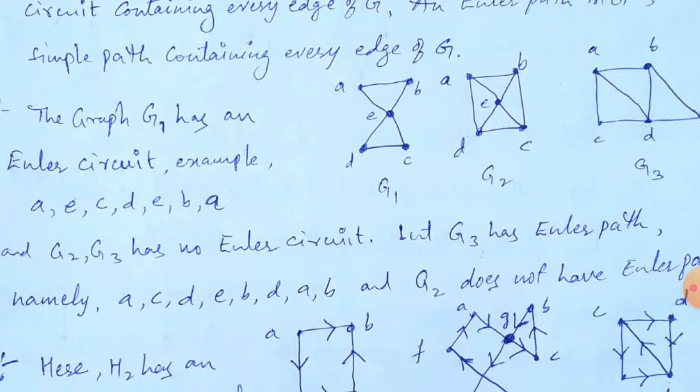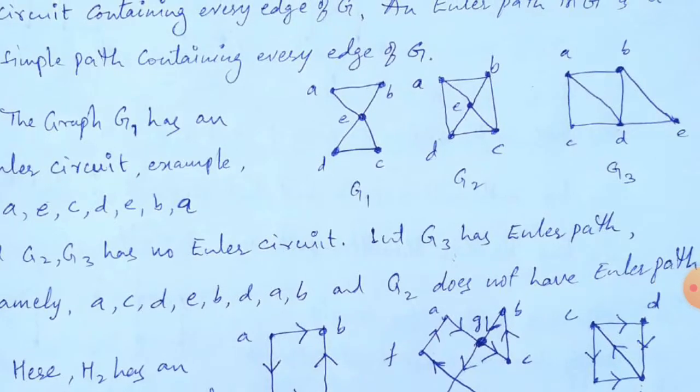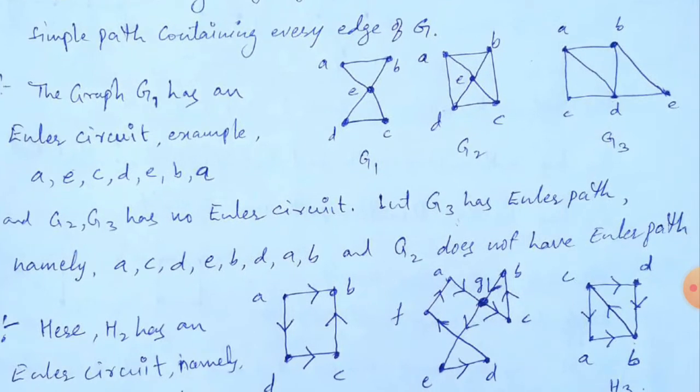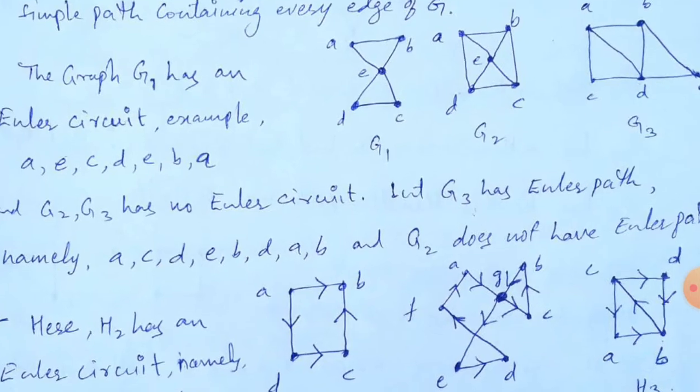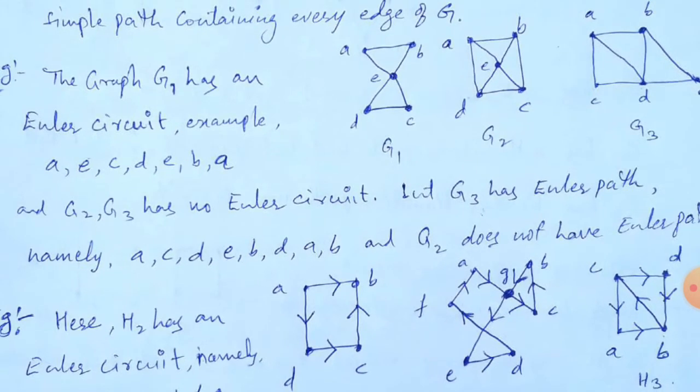And in G3 also that is not possible. If you start at A, you can come back to A, but we cannot visit some of the edges. That is the main problem. You have to come back visiting all the edges, so that is not happening in G3. Therefore G2 and G3 have no Euler circuit.